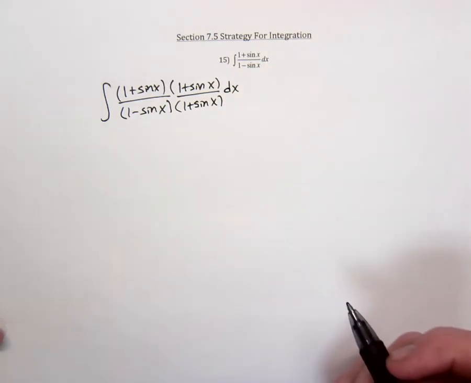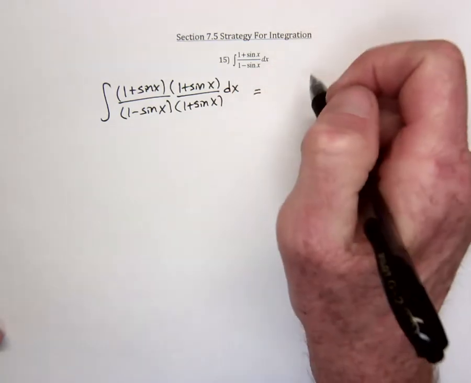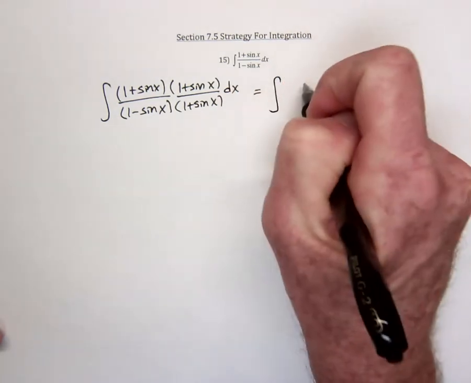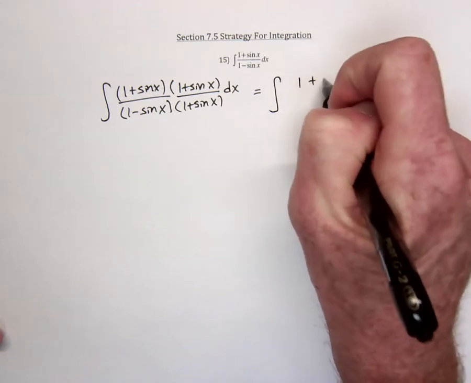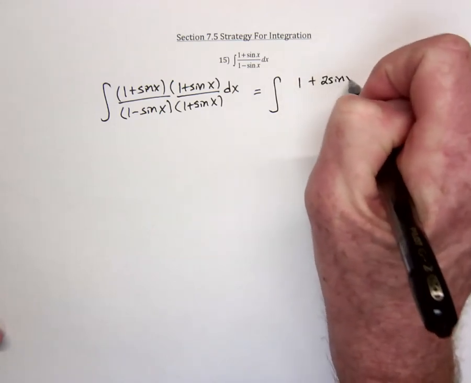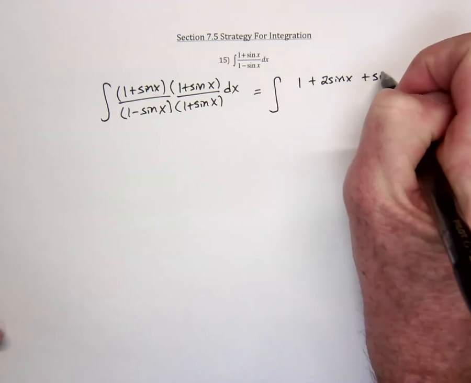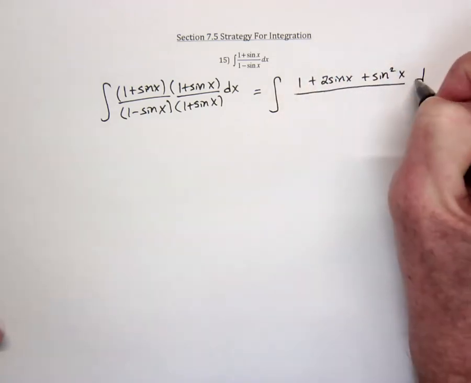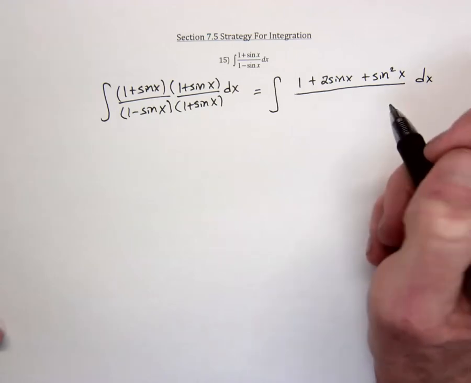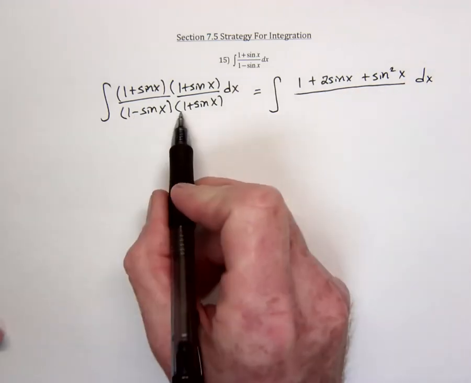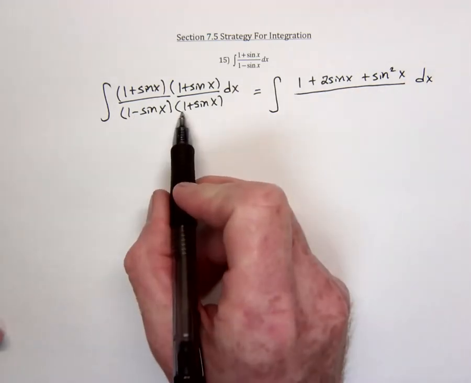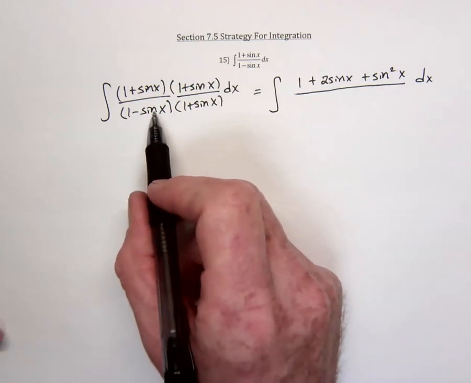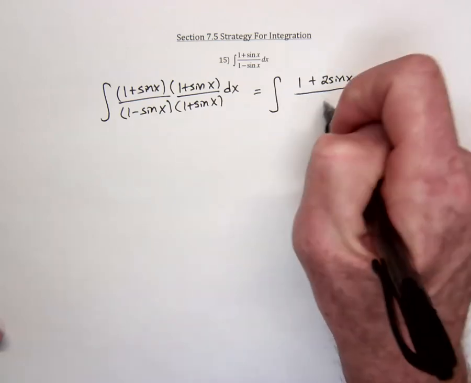And I'll go ahead and multiply out both the numerator and denominator. So the numerator is going to become 1 plus 2 sine of x plus sine squared. The denominator, you just need the first one times the first one, which is going to be 1. The middle terms are going to cancel, and then it's going to be minus sine squared.